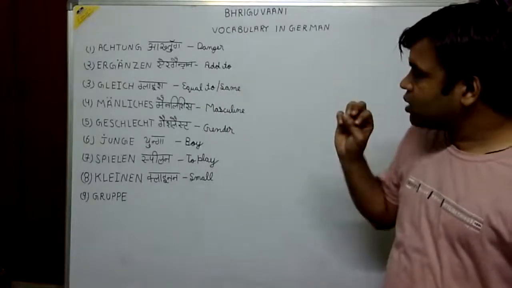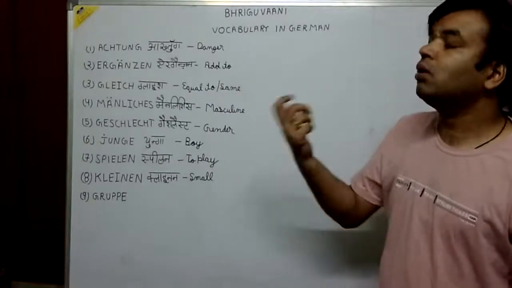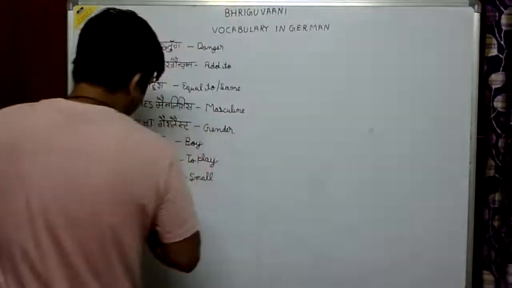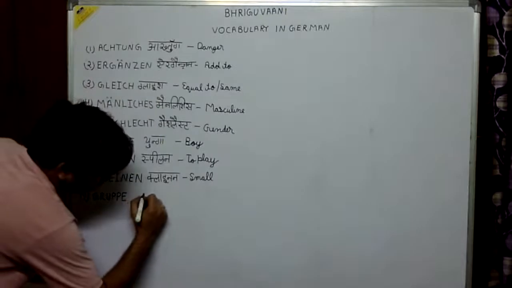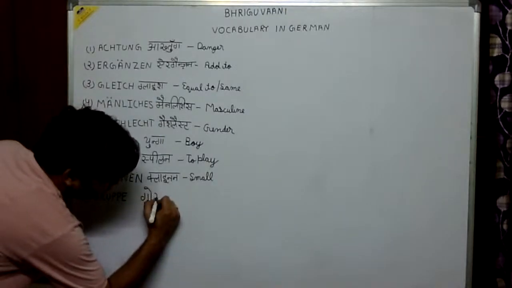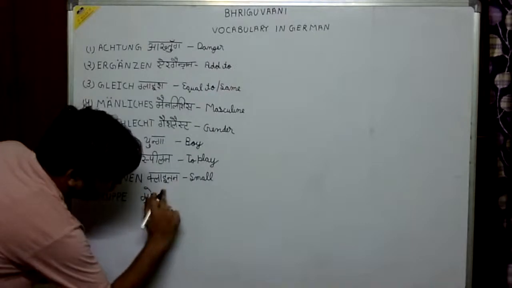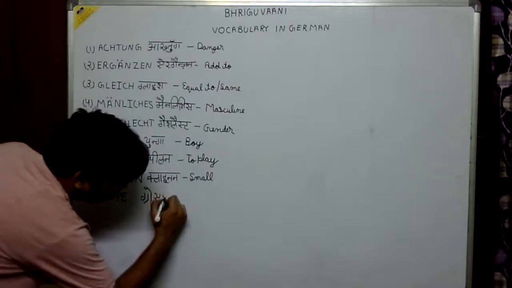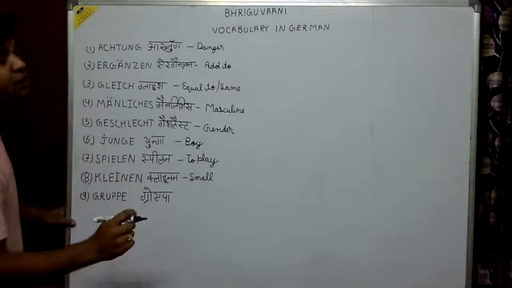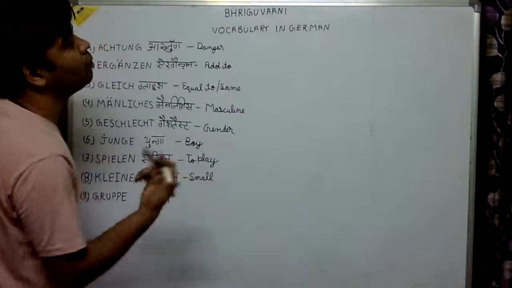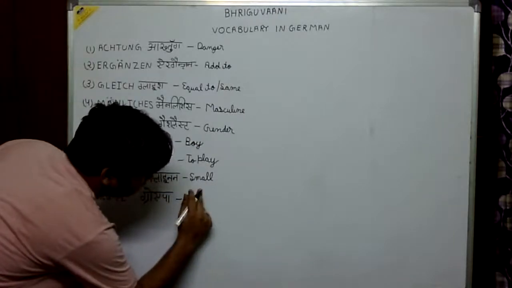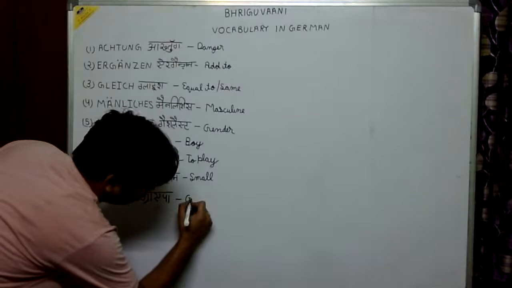Make it a smaller sound. Gruppe. In Hindi, we can write it accordingly. Just say the pe small. And this means group.